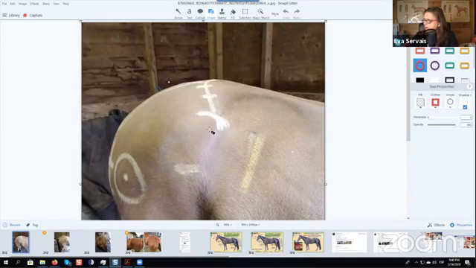Okay, so what you have to know is that you see here where the hair of the horse goes the other way. So the hair goes that way and then suddenly the hair comes up here. Neither area 11 nor area 12 will ever touch this hairline where the hair is growing the other way around.